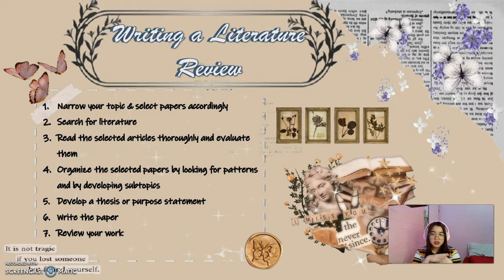And next, when you review, you also need to read your work out loud and make certain that all of the citations are correct. Also, check that it's not plagiarized, and the text should be clear and concise. And check the grammar and the spellings.